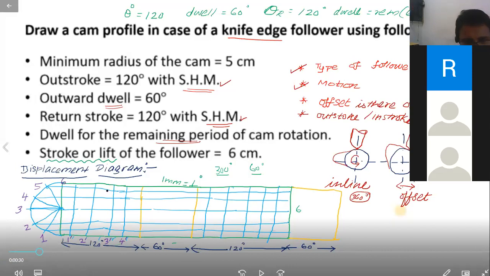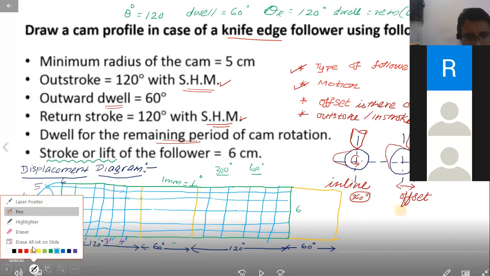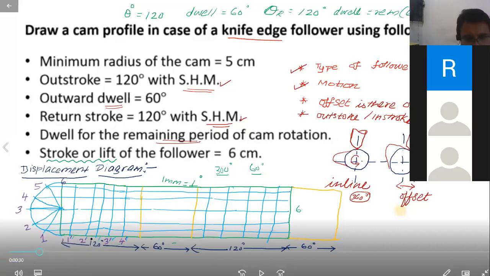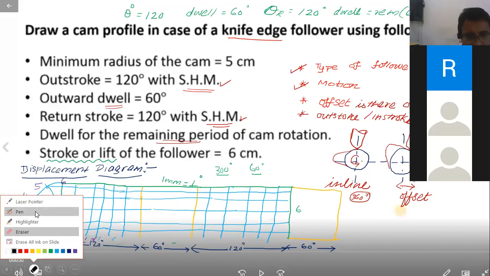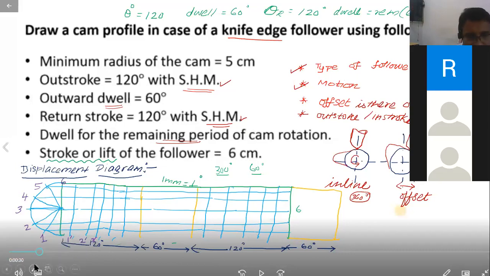One of the divisions is missing here. 3 dash, adjust. So it's difficult.